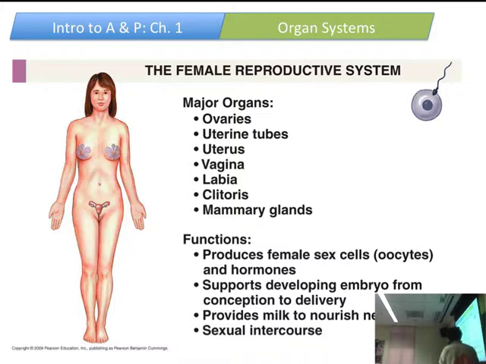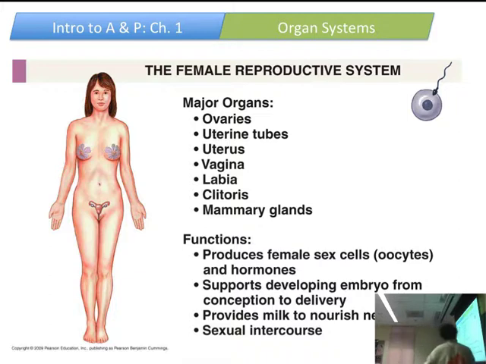Beyond that, the female reproductive system receives the sperm and begins to nurture a fertilized egg where it becomes an embryo and then a fetus, another living human being inside of itself, where it gestates for 9 months before birth.